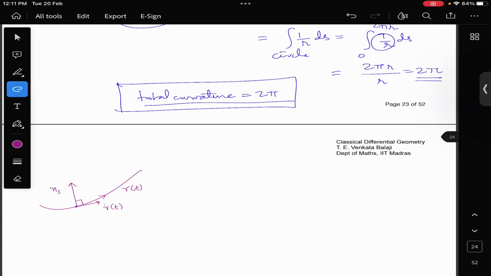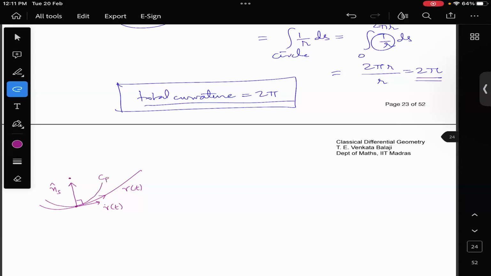Now you see the sine normal is pointing towards the center of curvature, because at this point the circle of curvature will be like this, and the center of curvature will be somewhere here.